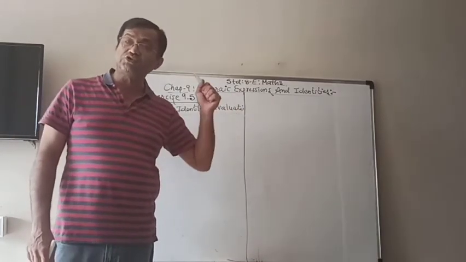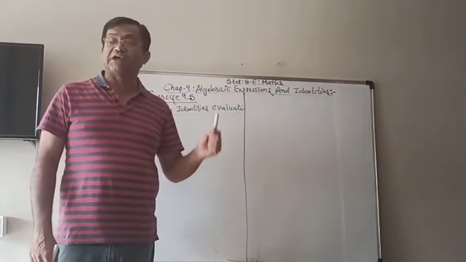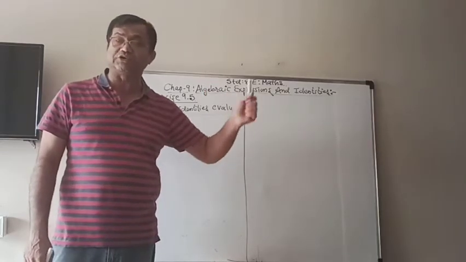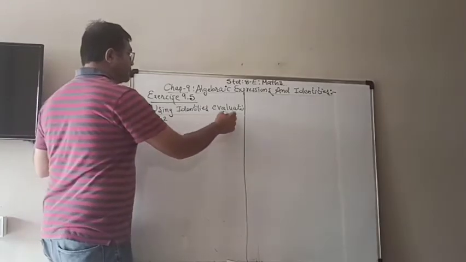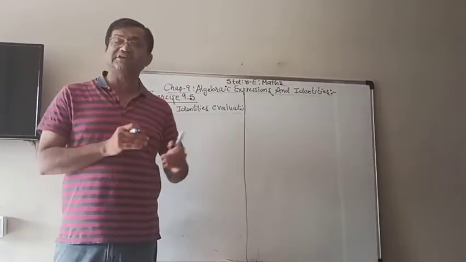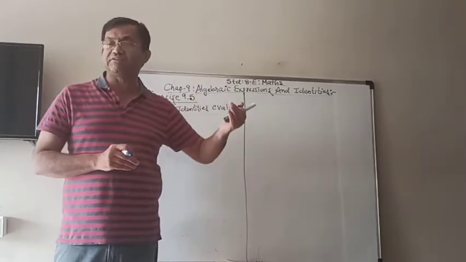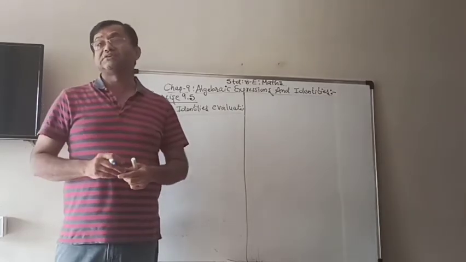So you have to do it using an identity only, then you will get the marks, otherwise 0 marks will be given to you. You can confirm your answer by doing 71 into 71 in the rough page, but not in the answer book.